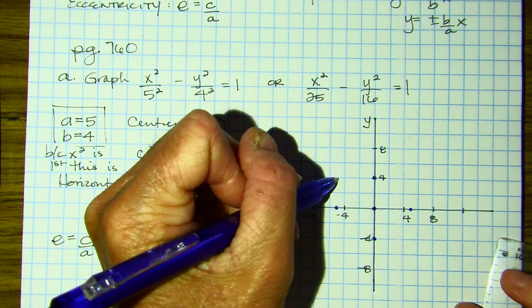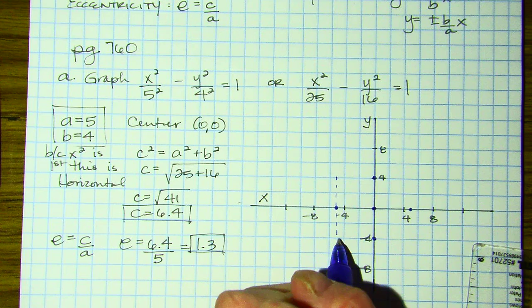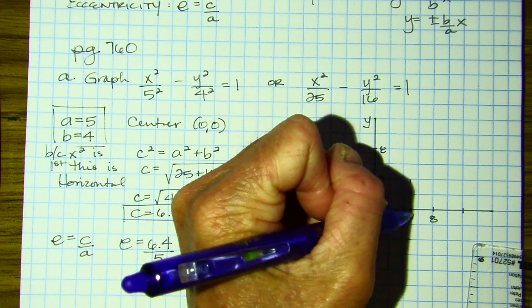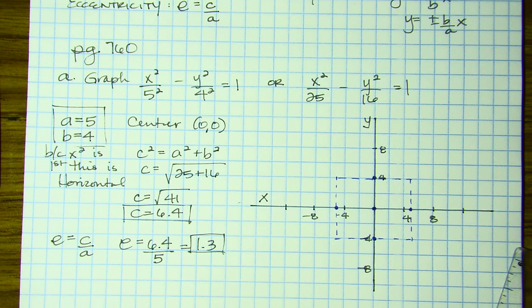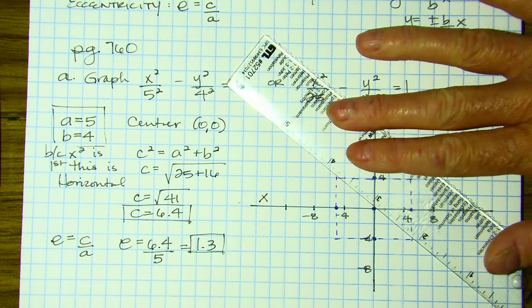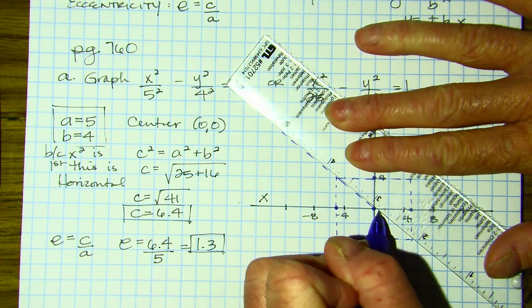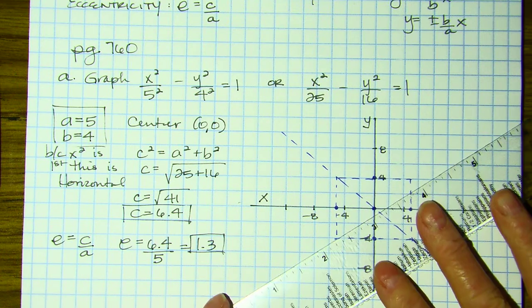I'm going to form this rectangle, and I need this rectangle in order to draw my asymptotes and my hyperbola. The next thing I'm going to do is take a ruler or the straight edge of your notebook and draw diagonal lines that go through the corners of my rectangle.